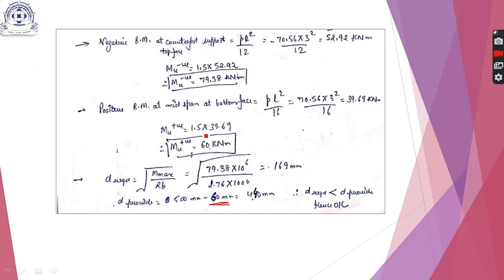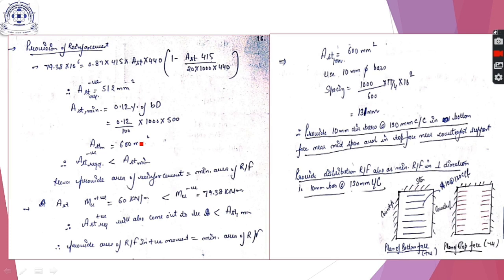The Mu positive is 60 and Mu negative is 79, so I will calculate Mu 79 first, which is negative reinforcement. So negative reinforcement is coming out to be 512 mm squared, and the minimum AST is coming out to be 600 mm squared. As in the case of the stem also, the minimum AST was greater than the AST required, therefore we provide area of reinforcement equal to the minimum area of reinforcement.